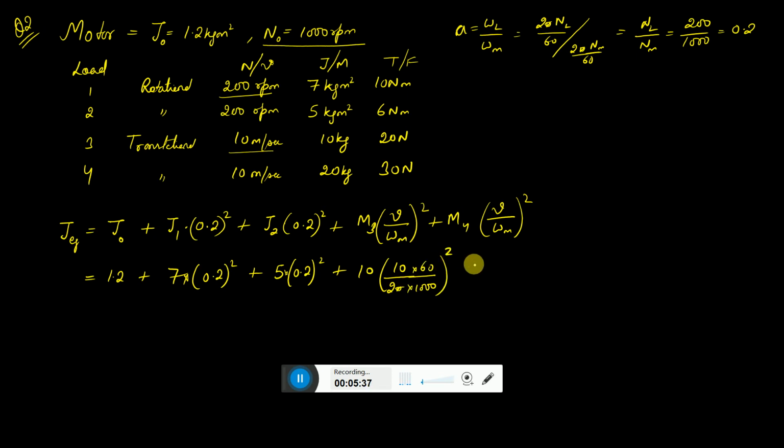M4 is how much? 20. 10 is the velocity. Same omega, 2 pi 1000 by 60 square.